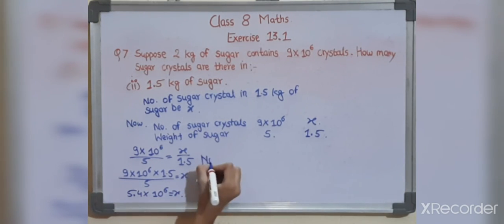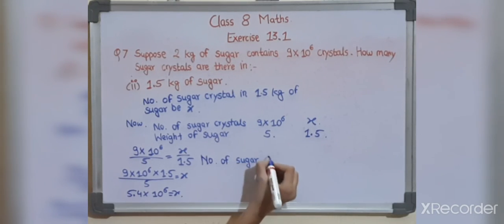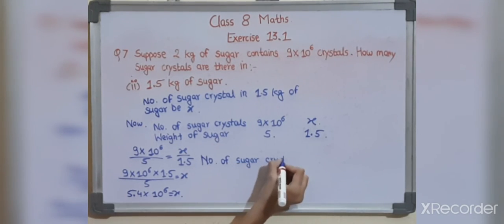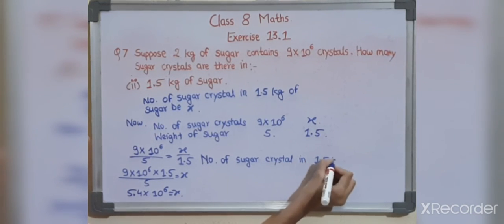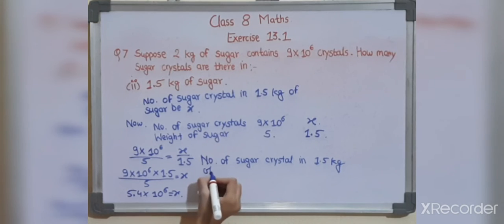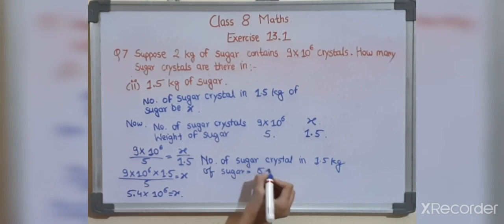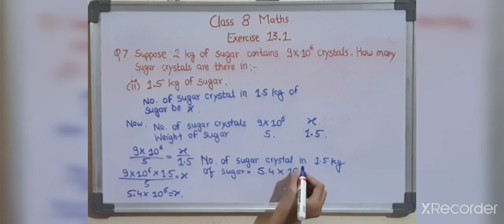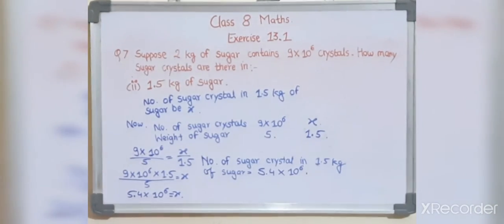So here number of sugar crystals in 1.5 kg of sugar is equal to 5.4 into 10 raised to power 6. Now let's move on to the next question.